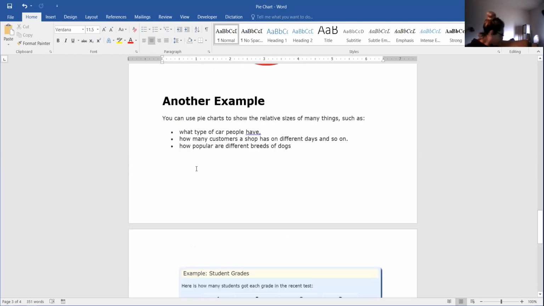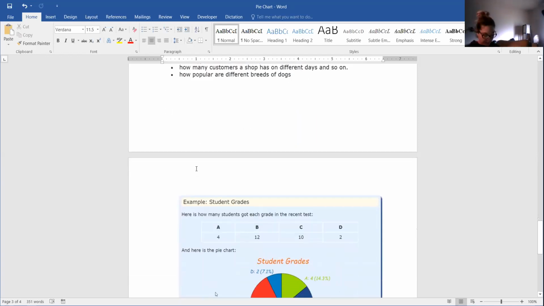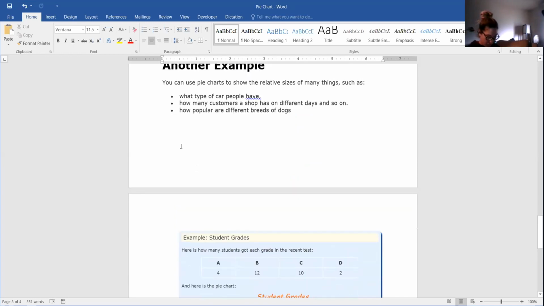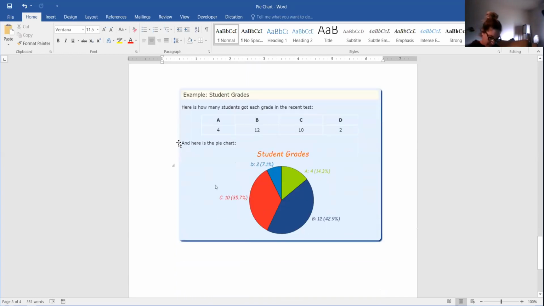So you can show lots of different kinds of data. Let's take a look at student grades. Again, we go back to the same one we had before, when we did a bar graph: A, B, C, and D. So here is a pie chart that takes that data.